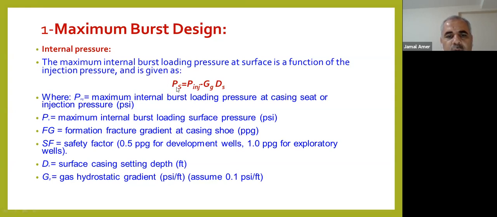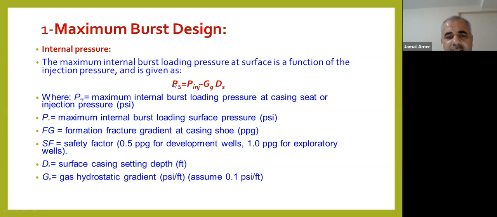So when we calculate the surface pressure, we take the injection pressure minus what? Minus the gas hydrostatic gradient multiplied by the surface casing setting depth.